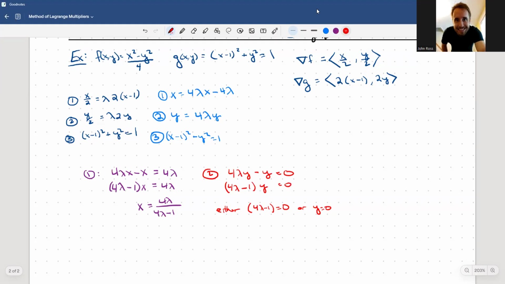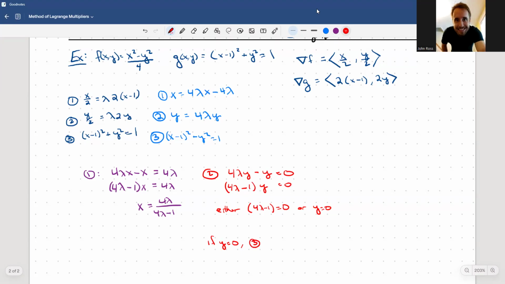All right, so let's see what we can come up with here. So if y is equal to 0, that means, and now I'm going to look at equation 3.